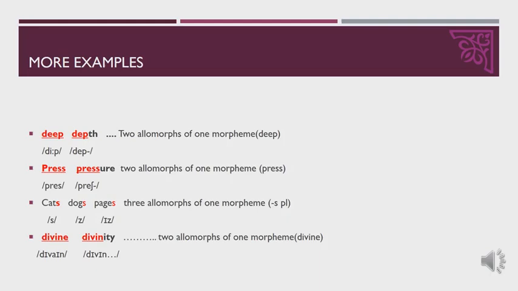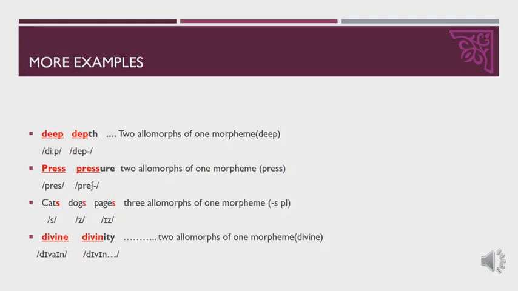When we add the derivational suffix -ure to this morpheme, it turns from press into presh, because this word is pronounced as pressure. Pressure. So it is pronounced here as presh.